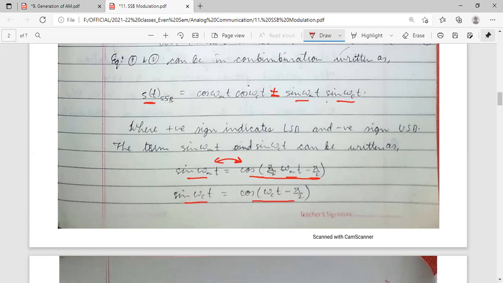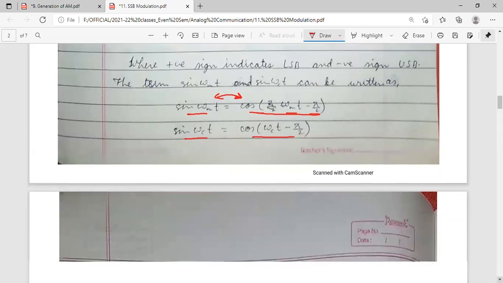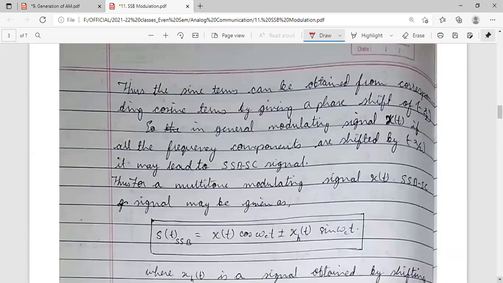Now, what is the purpose of writing this? Thus the sine terms can be obtained from the corresponding cosine terms.